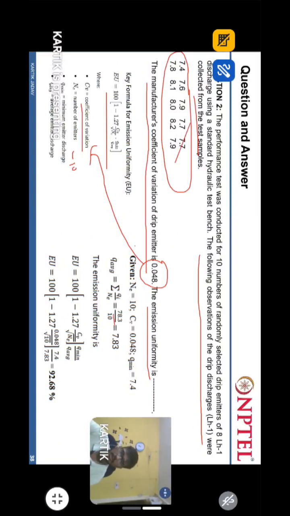Q minimum is here. So Q minimum is 7.4, first one only, right? So let's put all this given in this equation, and emission uniformity we are obtaining, that is 92.68%.